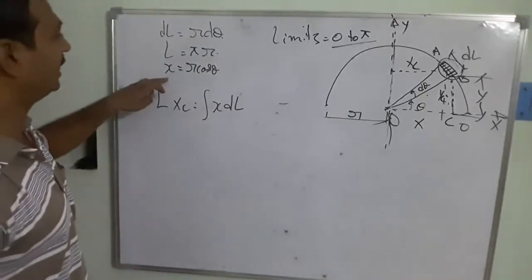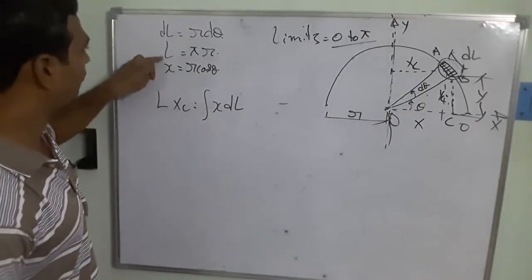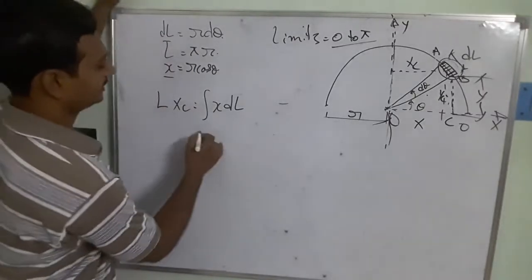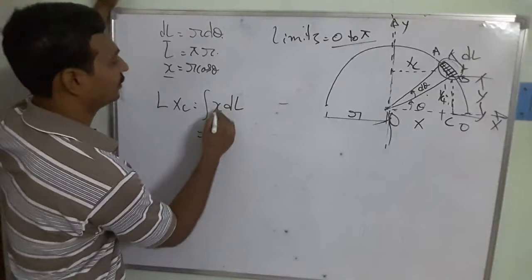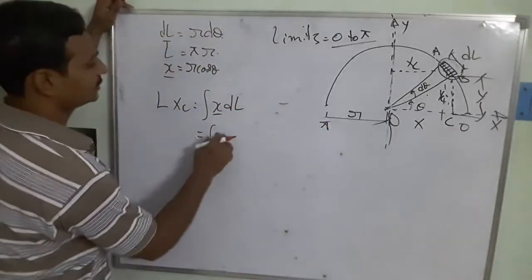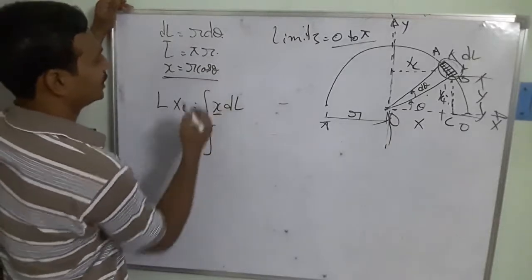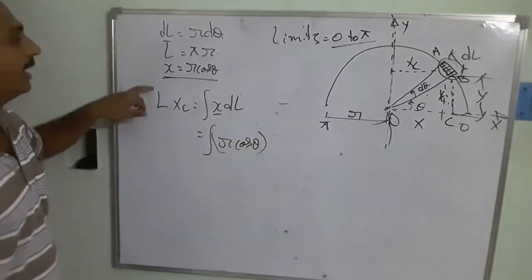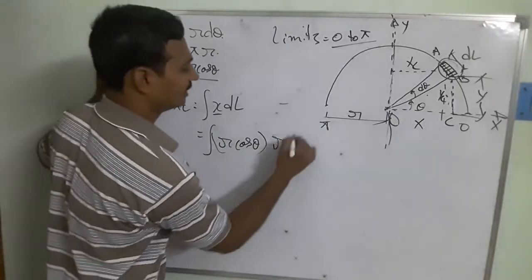So once we calculated the x value, L value and dl, at present I am going to substitute into L dl. Because it is located from 0 to pi, x is equal to r cos theta, and similarly dl is equal to r d theta.